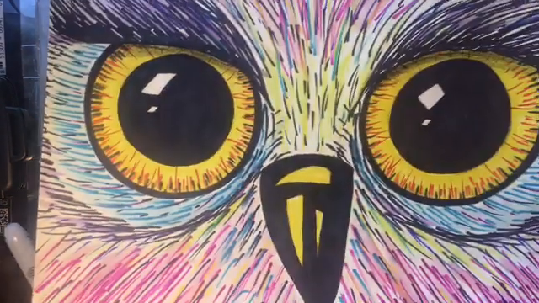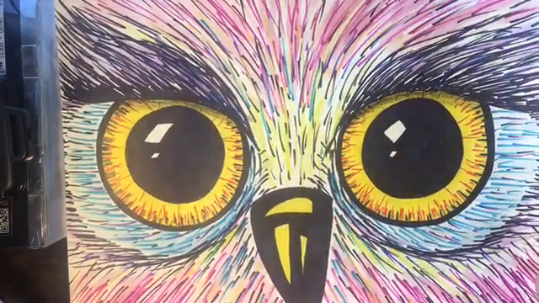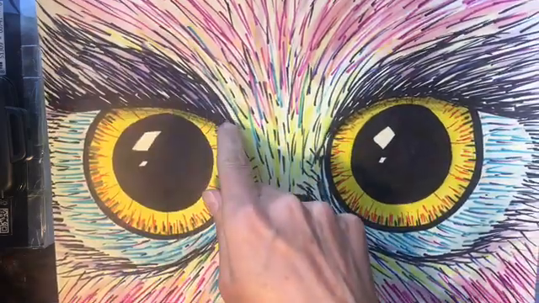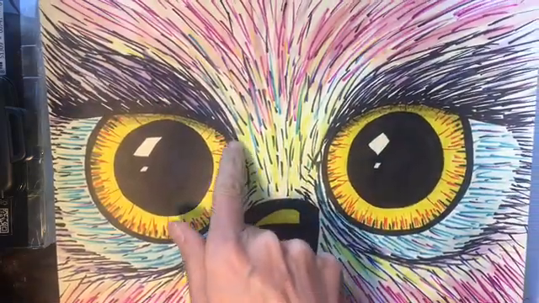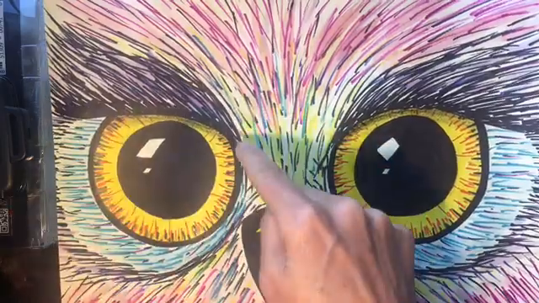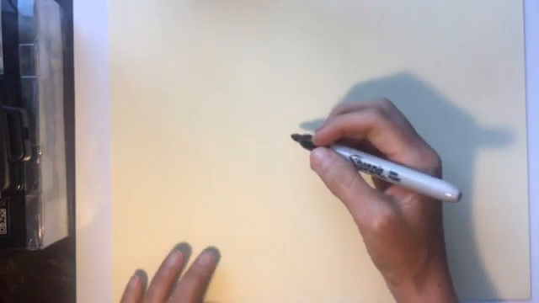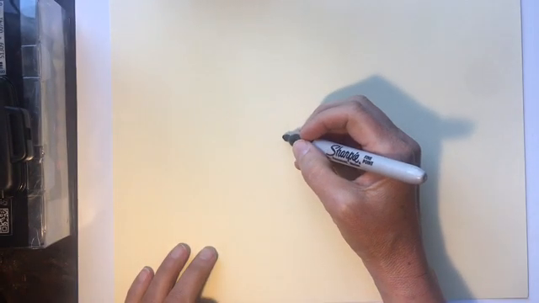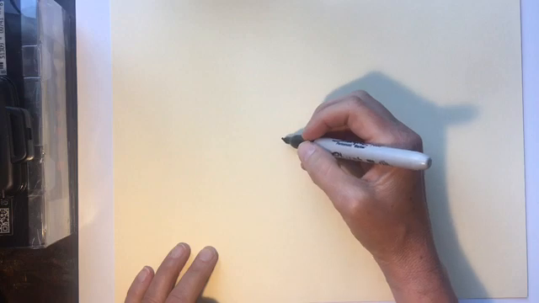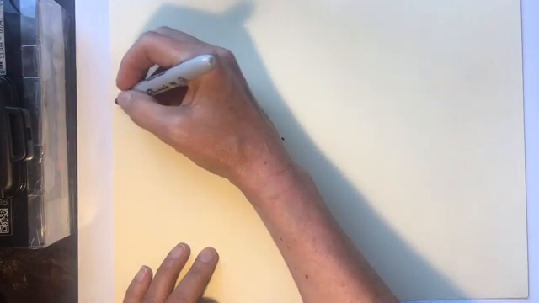On your page, we're going to start with the line that goes above the eye. We'll call that his eyebrow for now. We're going to start here with this line, and then we're going to make a line that goes up. We'll do it on both sides, okay? About right here, we're going to start our eyebrow, and it's going to come off our page over here.